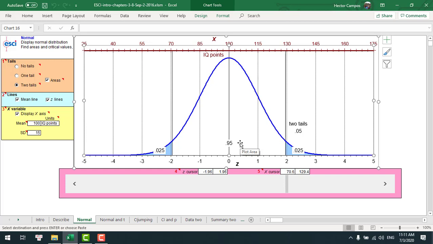So the first one is that because it defines areas, and the area is exactly 1 under the curve, we can determine percentages. So we can see whether we are in what top percent of the population, or we are among the best. Then we can also define what percentage of population we have between the different standard deviations.